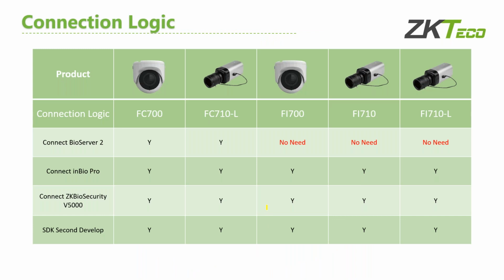So how do we distinguish the FC camera and the FI camera? As you can see, FC is an abbreviation of face capture, and FI is an abbreviation of face identification.